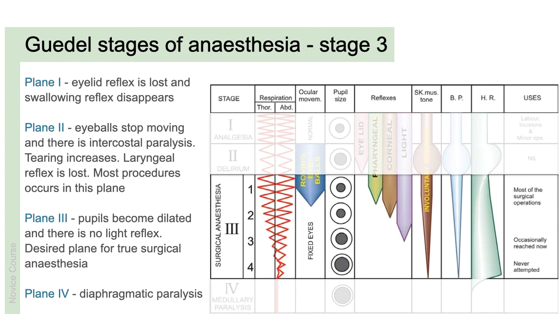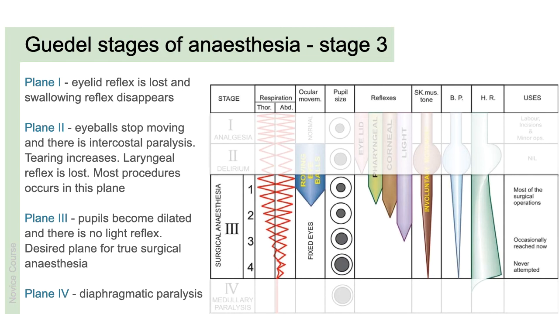The 4th plane of stage 3 is called diaphragmatic paralysis. And you can see by the presence, or really the absence, of physiological characteristics on this, it's not really a desirable phase to be doing anything in. You have apnea or diaphragmatic paralysis. You've got dilated pupils that are fixed. There are no reflexes.